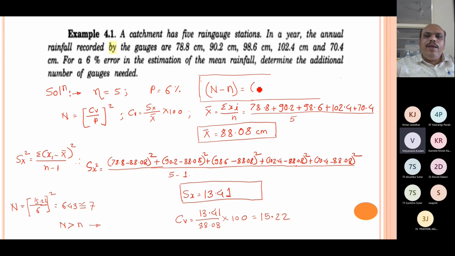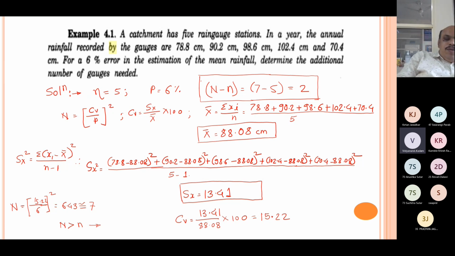So capital N is 7, small n is 5. So additional rain gauges required are 2. So that is the required answer. 2 additional rain gauges are required. Then only the estimation of average precipitation is possible with 6% allowable error. Is it clear? So everybody note down the answers.